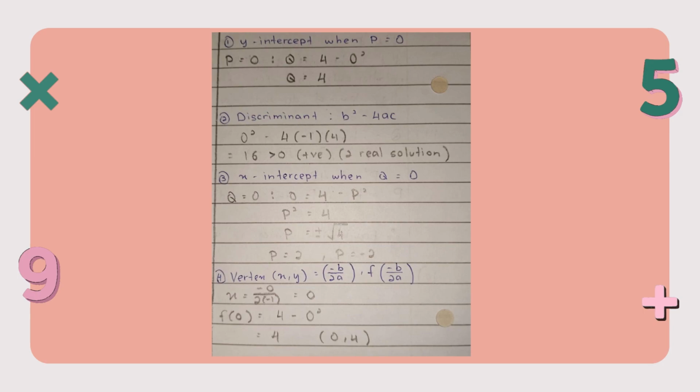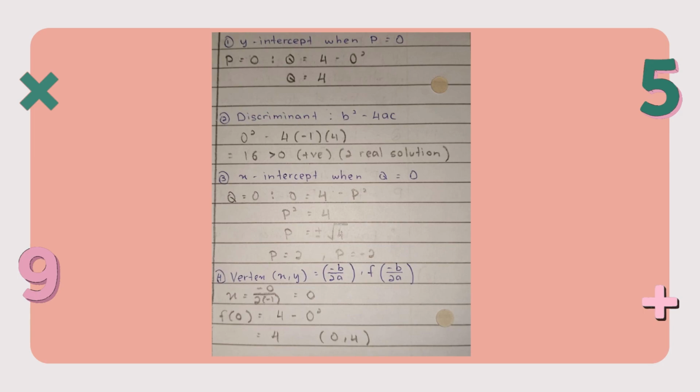As this is a quadratic equation, we should find the discriminant to identify how many solutions there are in this graph. The formula for the discriminant is b to the power of 2 minus 4ac. Using the formula and equation, we get the answer 16.